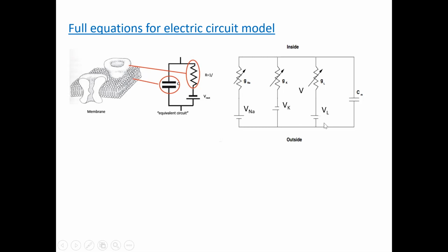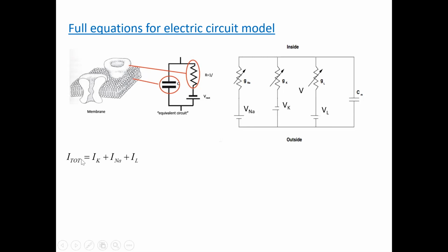So it's everything that isn't involved in the voltage-gated sodium and potassium. And then we have our capacitor and our three Nernst potentials acting as driving forces to move the sodium and potassium and leak currents through the membrane.